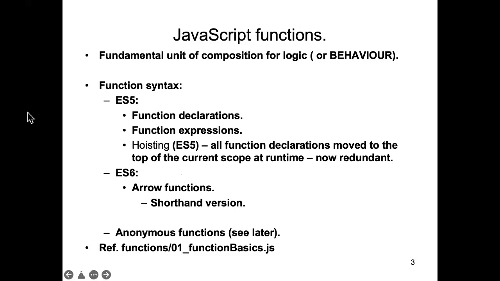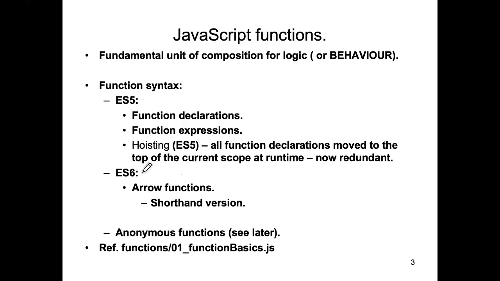There are different ways of encoding functions. From day one, you can use what are called function declarations. Alternatively, you can use function expressions. I'll show you examples of these in a second. There was this odd thing called hoisting in JavaScript from the outset, which we can skip over now because it's not really relevant anymore.